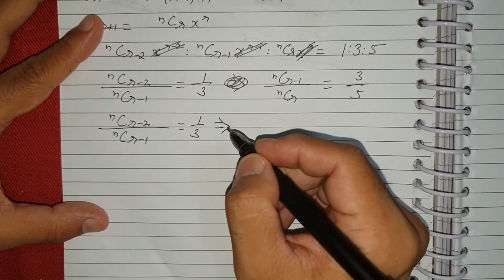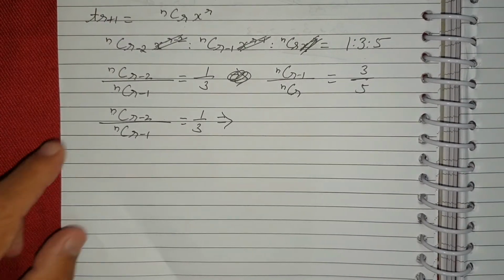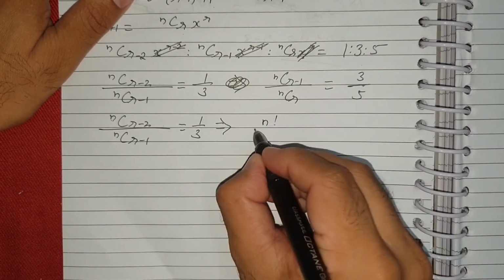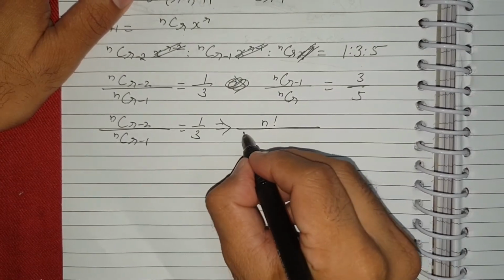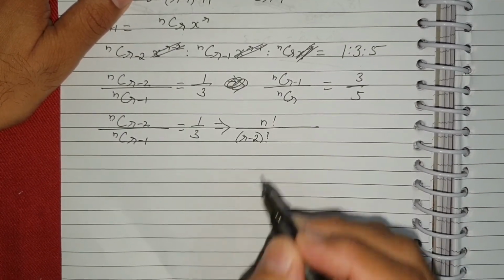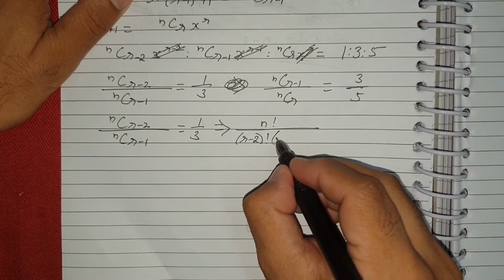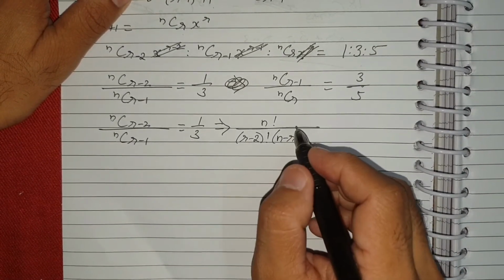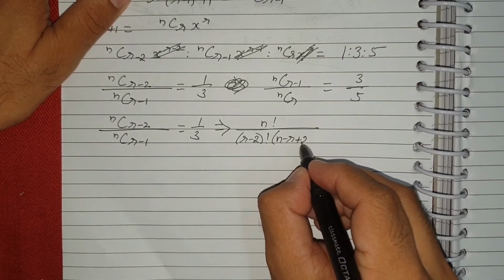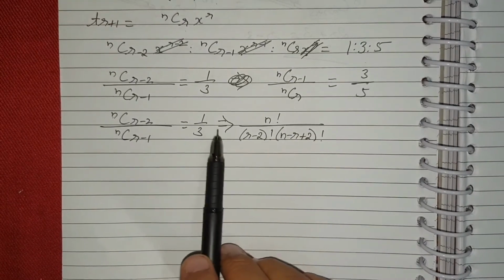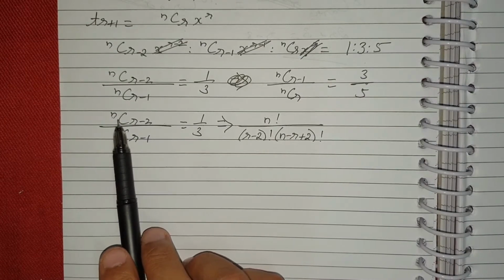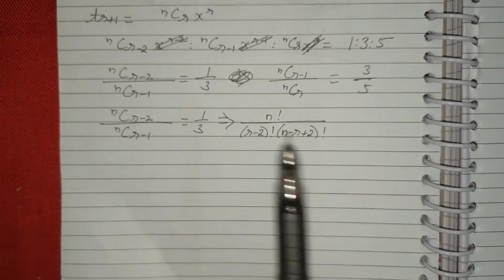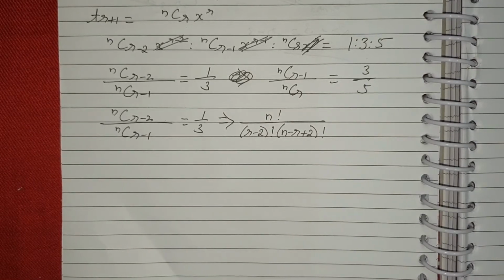Now see, nCr-2 is basically n factorial upon (r-2) factorial into (n-(r-2)) factorial.